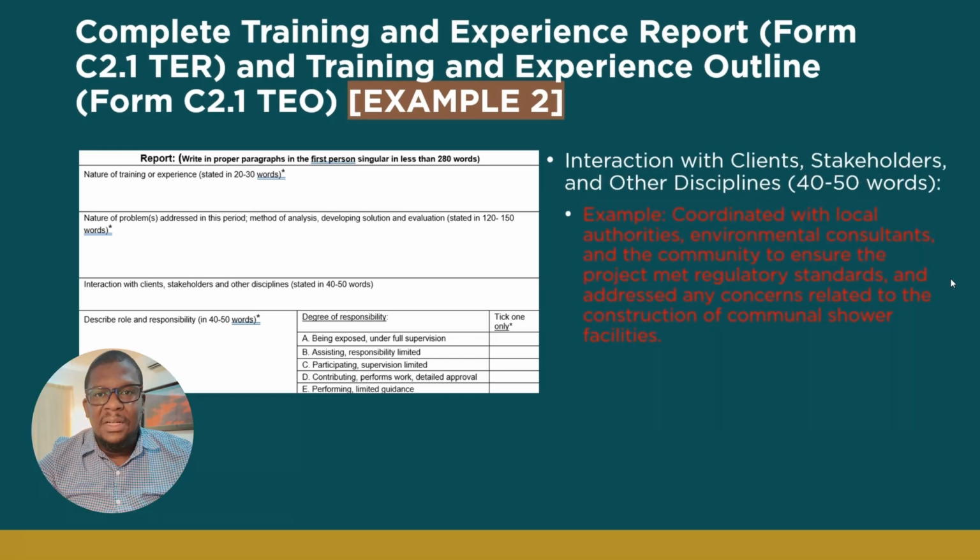Now, how did you interact with clients, stakeholders, other disciplines? I coordinated with local authorities, environmental consultants, and the community to ensure that the project meets the regulatory standards and address any concerns related to the construction with the community.